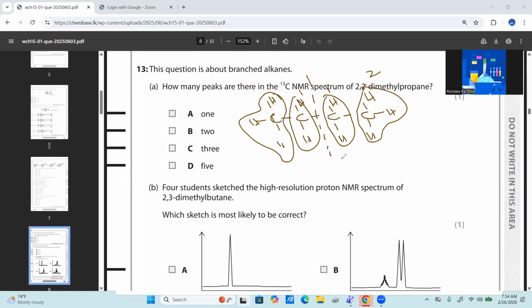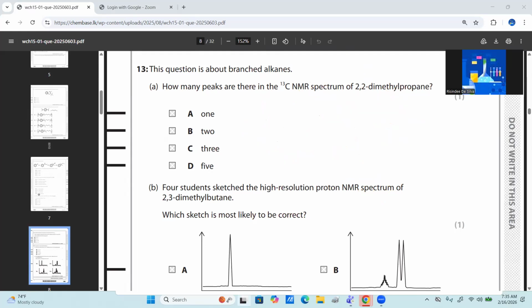And if you take n plus 1, right? Oh, sorry, that's 2,3-dimethylbutane, right? 1, 2, 3, 4.